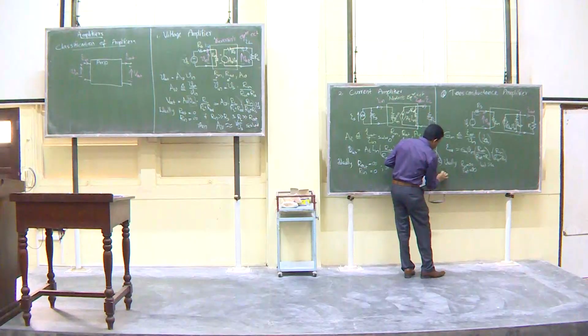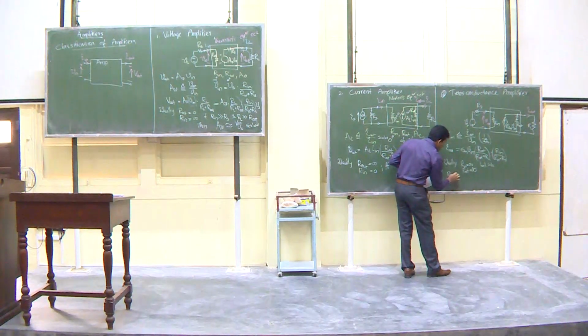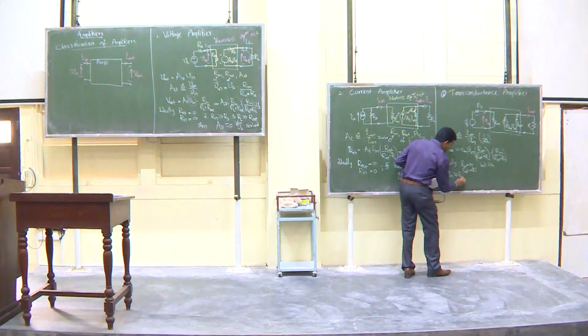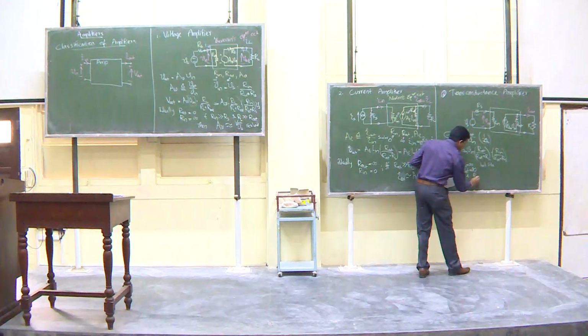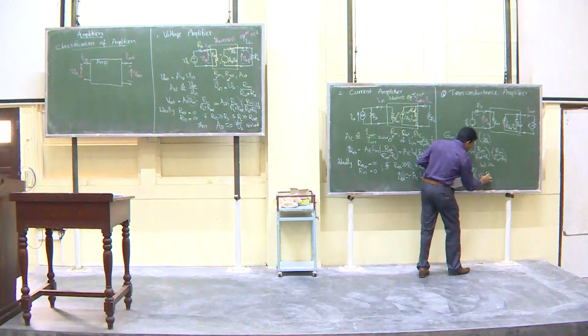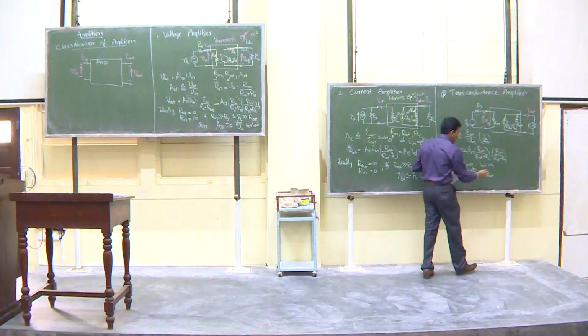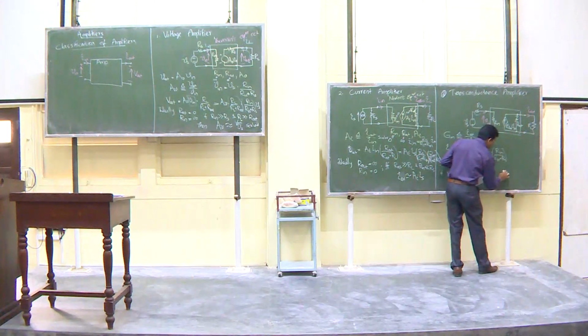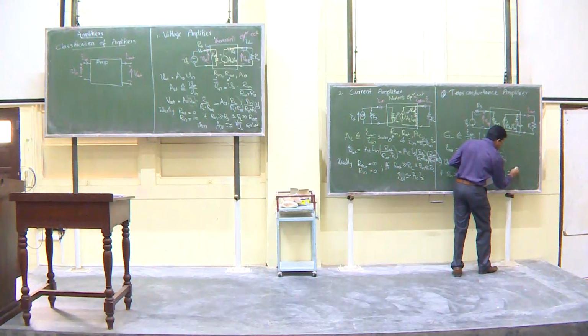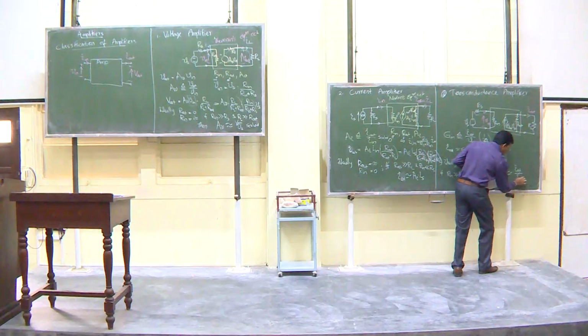So if R in is much bigger than Rs and RL is much smaller than R out, then GM is roughly equal to I out over IS.